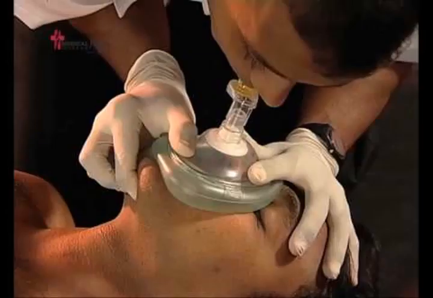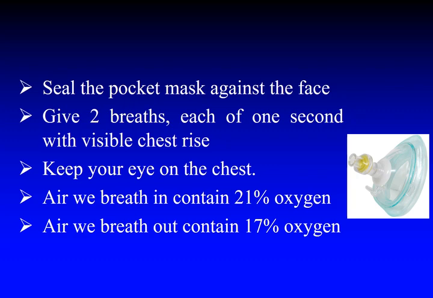The pocket mask is placed from the nasal bridge to the chin. Use the correct size of pocket mask. Seal the pocket mask against the face. Give 2 breaths, each of 1 second, with visible chest rise. Keep your eyes on the chest.